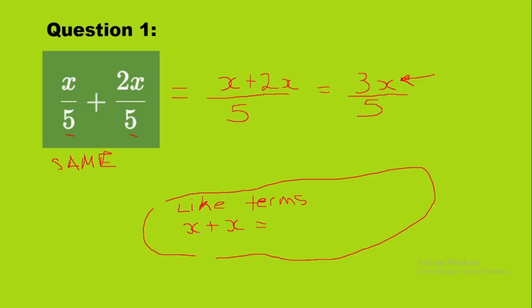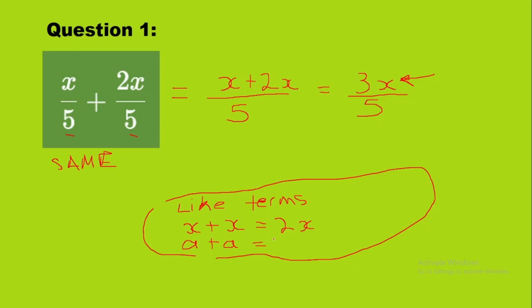Just as if x means apple, then if you have an apple plus another apple, you'll have two apples. Let me show you what I mean. If you have a, which would be an apple, plus a again, and let's say the a represents an apple, if someone gives you an apple and then another apple, you won't say that you have an apple and an apple.